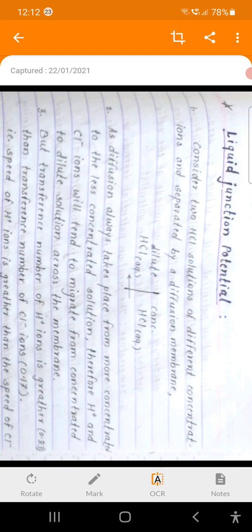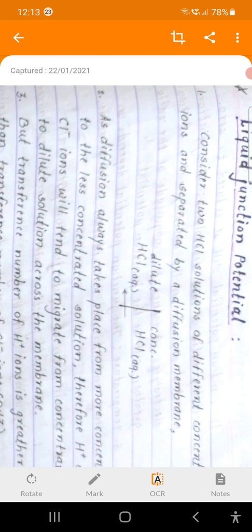If we consider two electrolyte solutions, for example, two HCl solutions, that are separated by a semi-permeable membrane. That semi-permeable membrane allows the flow of ions from one solution to another solution.